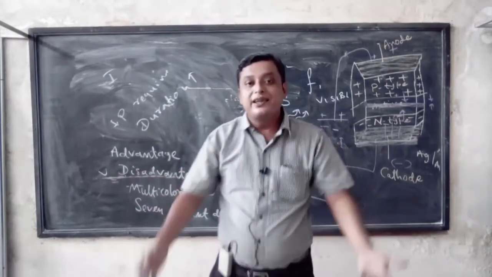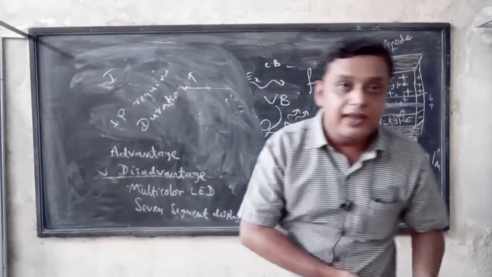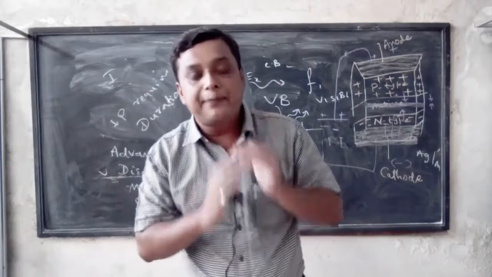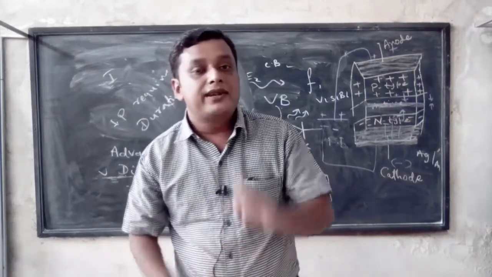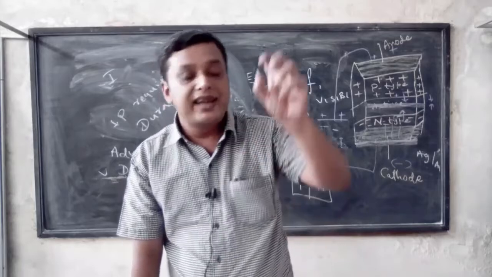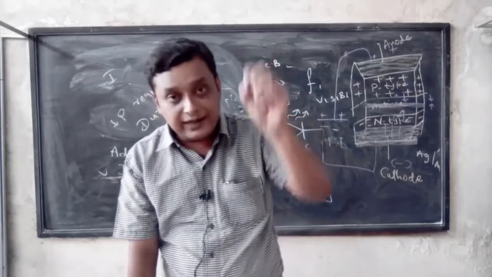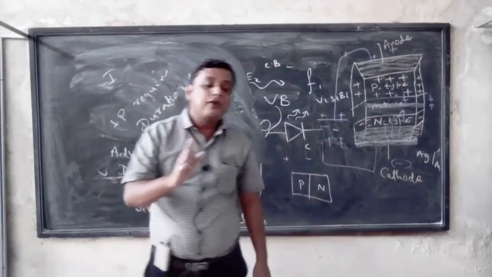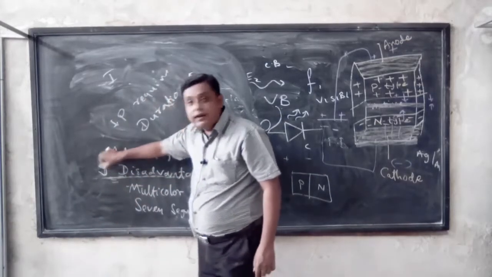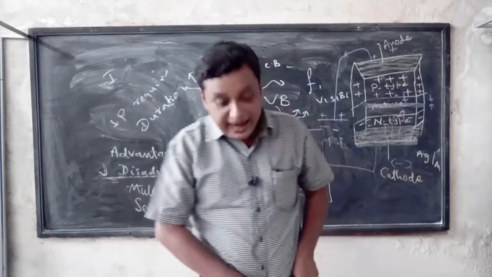If the temperature changes, the requirement will change, and the intensity generated by the LED will change. So we should keep the temperature in mind, because in a semiconducting material, each and every property and characteristic is totally based on temperature. So this is one disadvantage of the light emitting diode.